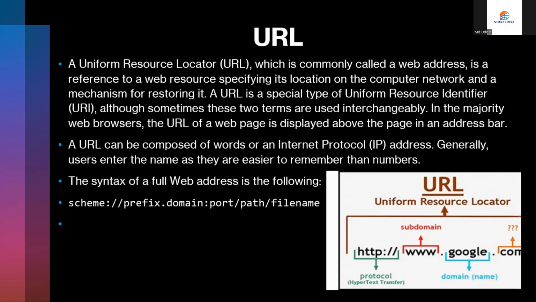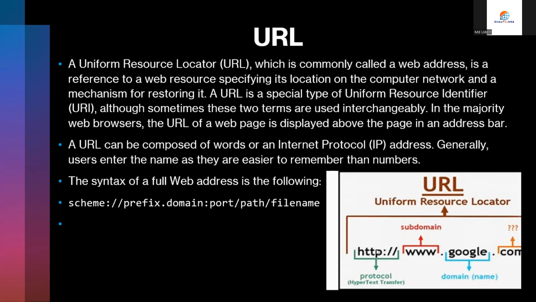In the majority of web browsers, the URL of the web page is displayed in the address bar, right? So here, you have HTTP, which is a protocol you're using, hypertext transfer protocol, and www is the subdomain, and Google is the domain name. All the subdomains are the same, but it could be changed.